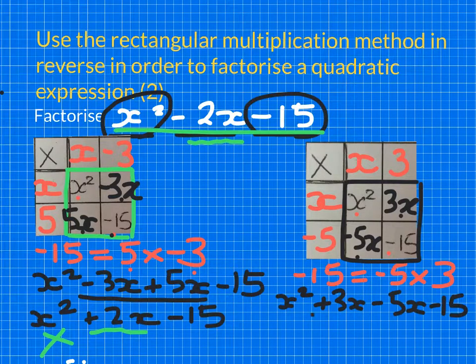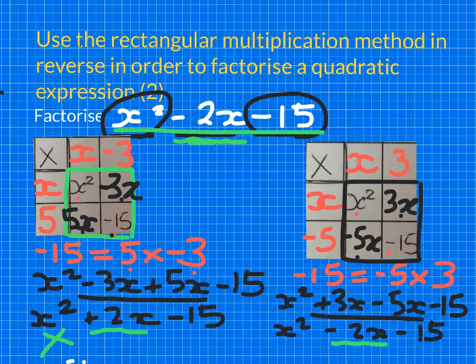And we can simplify. Plus 3x minus 5x makes negative 2x. Let's now compare that with the original expression, and I think that we're there. The original expression has a negative 2x, and this is a negative 2x. So this is the correct factorization.